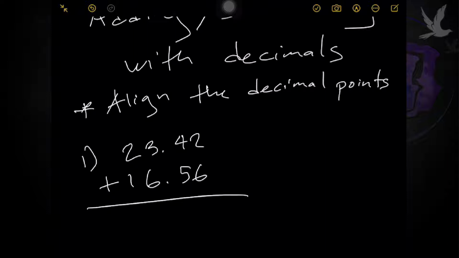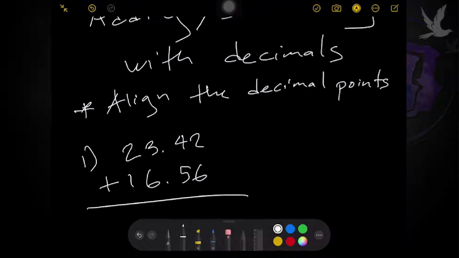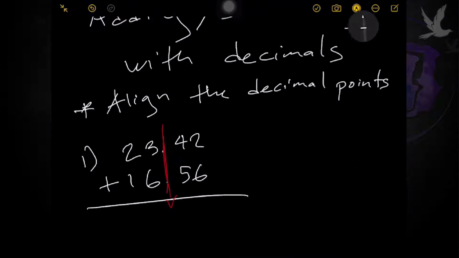But I want you to get used to how to write the numbers. The number one rule is to align the decimal in one place, which means our decimal point for our answer should be aligned along with it as well. Okay.